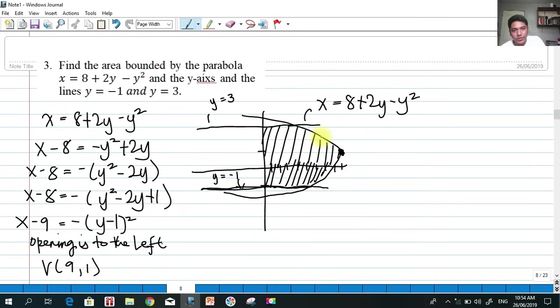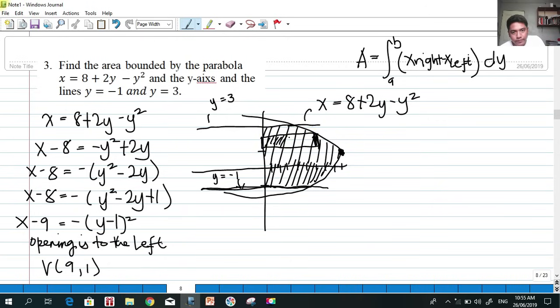As you can see here, since we have the limits from -1 to 3, we can use the horizontal strip, that is x right minus x left, dy from A to B. In this case, we will be needing limits in terms of y, given from -1 to 3. So we're going to use the horizontal strip.